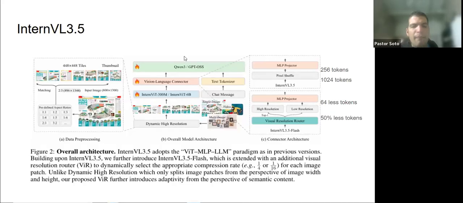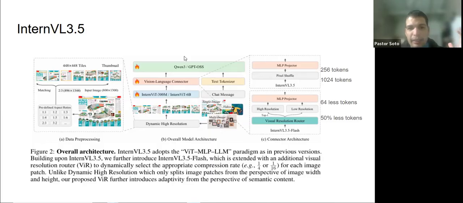Okay, so let me go through the architecture. This is where we are going to spend the most amount of time in this discussion. You see in the middle that we have the core architecture of InternVL 3.5.